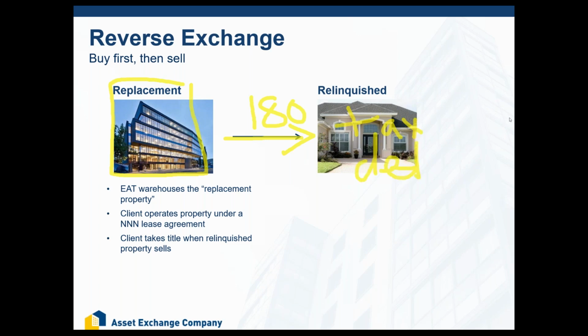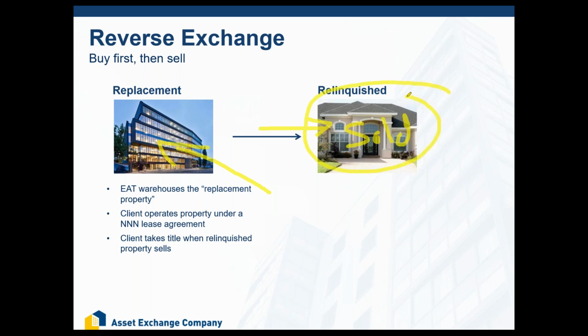The problem with a reverse exchange is that you cannot own the new property and the old property at the same time. So in a reverse exchange, my company is going to take title to the new one for you. We will own the property until you get yours sold.